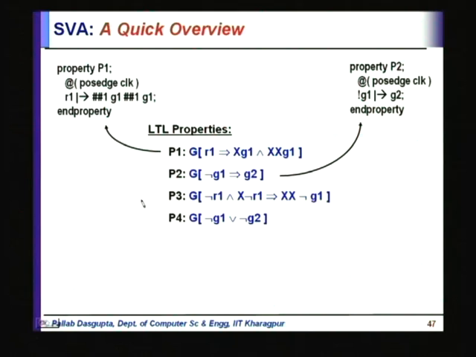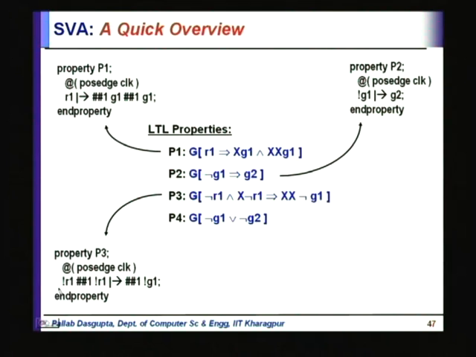Then also look at the way we use not here, and this is not the same as the not that we use in Verilog, which is the tilde, right. So, this is the exclamation used as not.